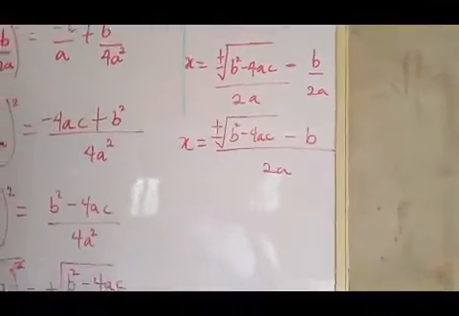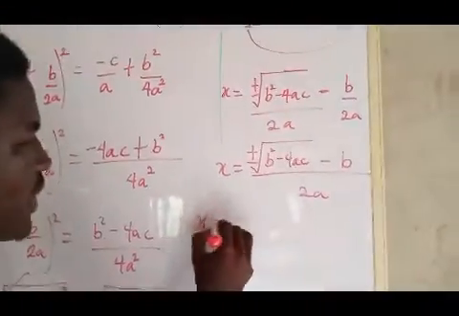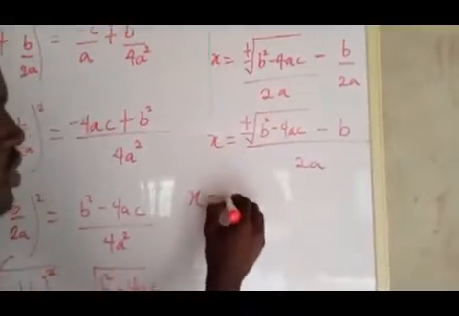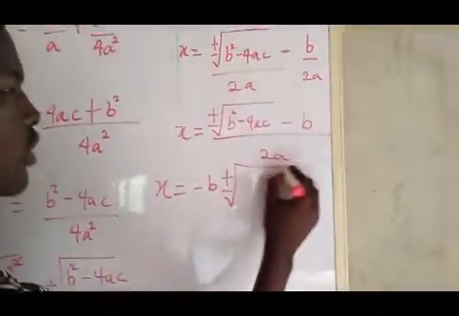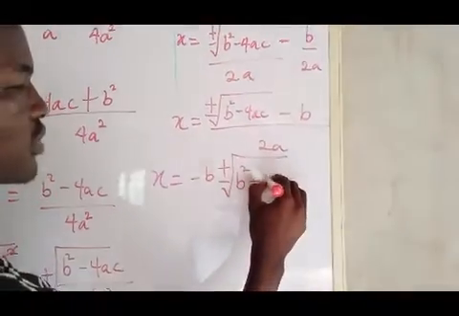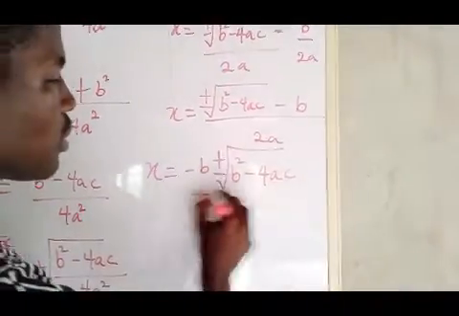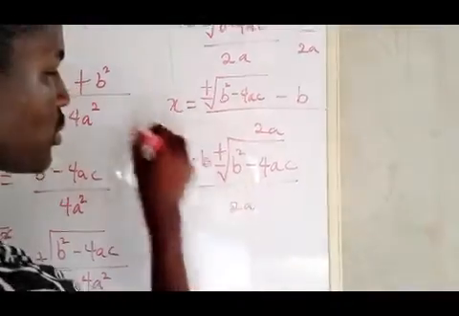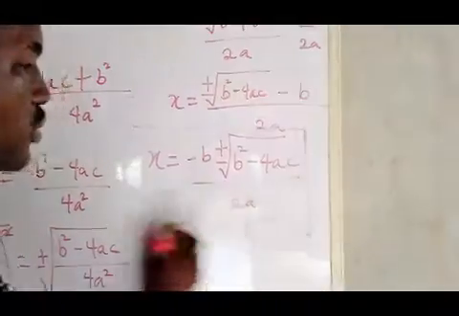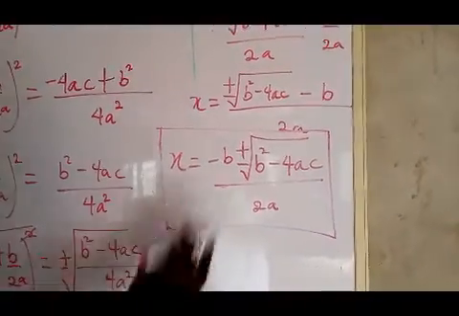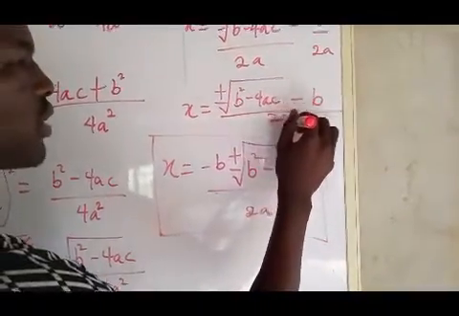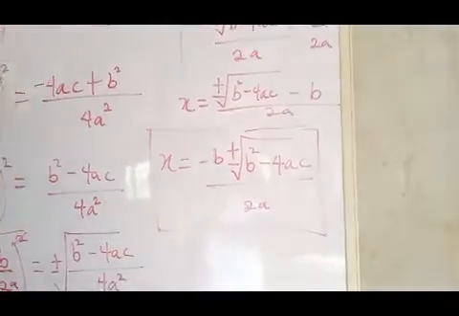All right, so our x will now finally be, let's rearrange it, minus b plus or minus the square root of what? b squared minus 4ac, all over what? 2a. So this is what they call the quadratic formula, which is also known as the almighty formula.